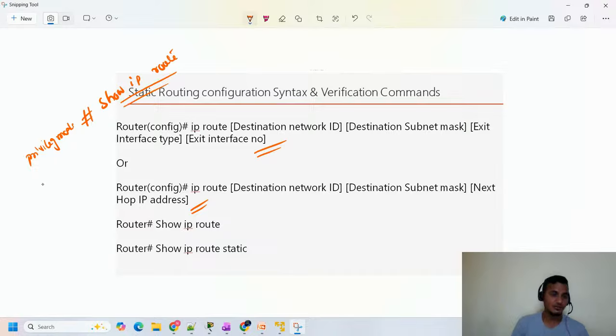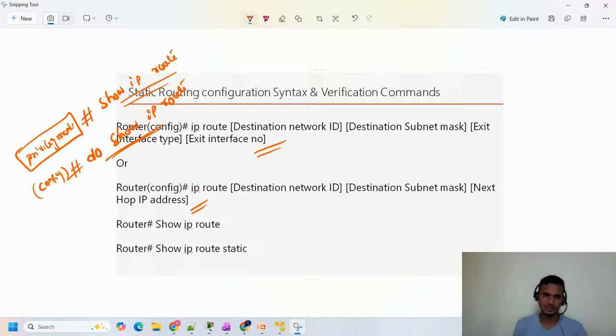If you are in configuration mode and you need to perform the verification command again, then you just add do before show ip route. Don't panic or get confused. You can perform the show command from privilege mode, either on a router or switch, everything is fine.